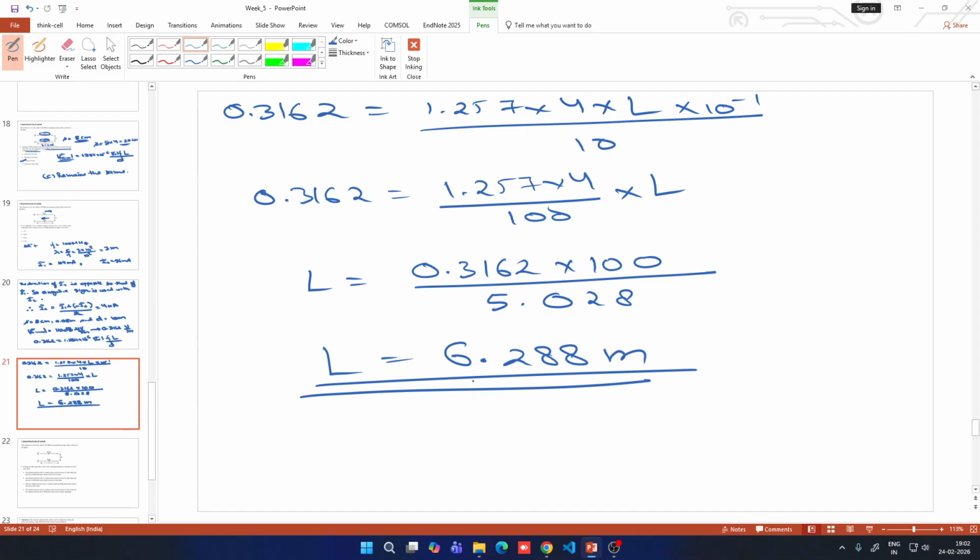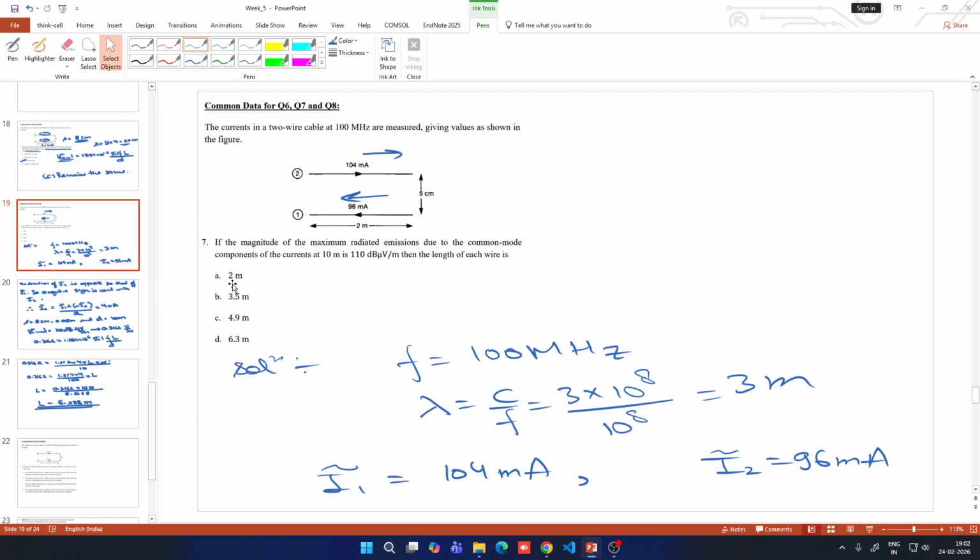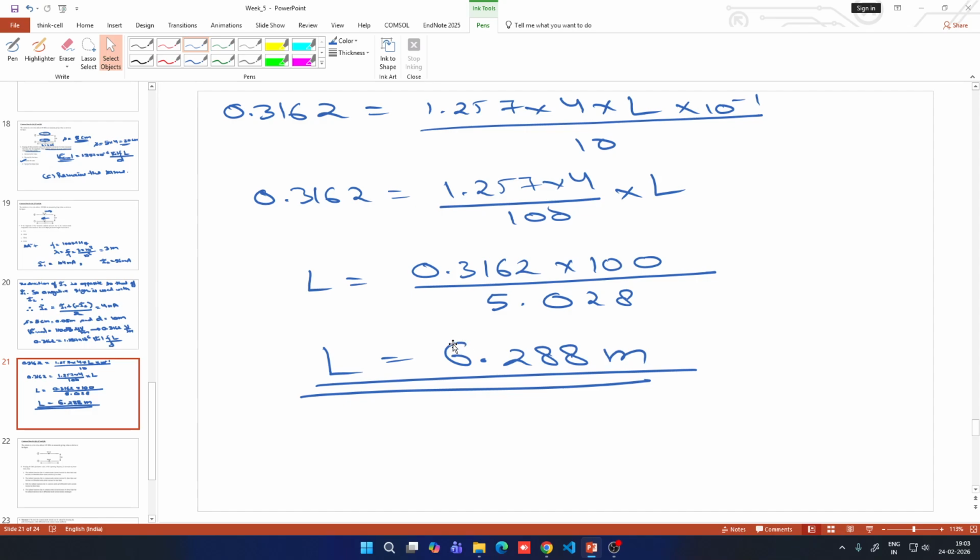So this will be the length of the wire when we are getting a maximum radiated emission of 110 dB microvolt per meter at a 10 meter distance. So that will be the wire length L.